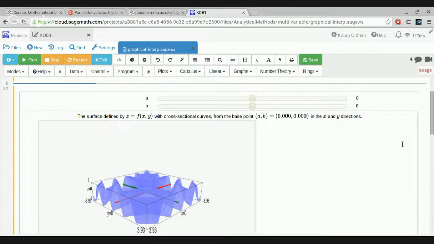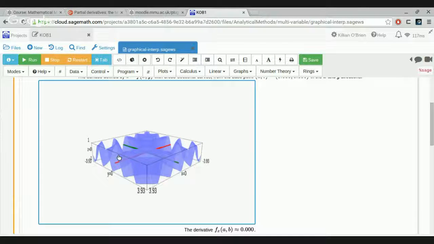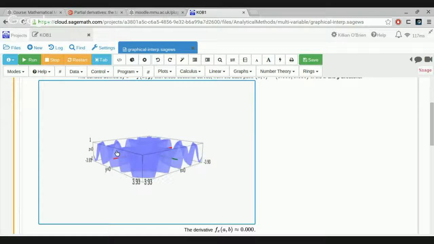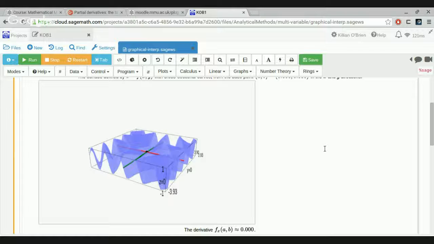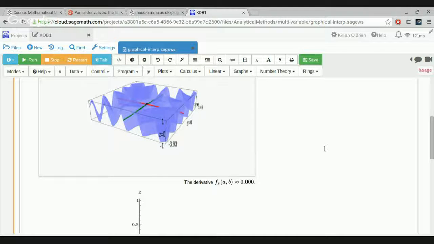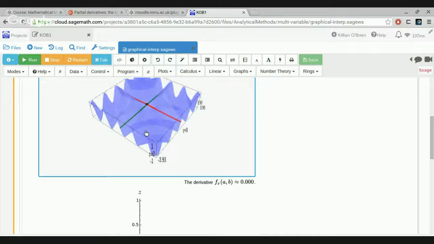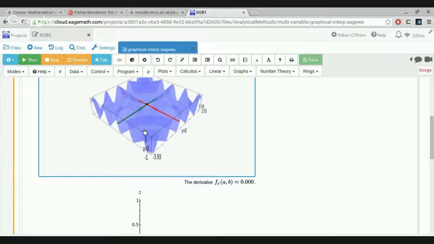So I specified the function. I've got a program here that plots the function and also plots 2 cross-sections of the surface. The green and red there are cross-sections of the surface, where one of the variables is held constant and the other variable is changed, which describes a parametric curve in 3 dimensions following the surface.